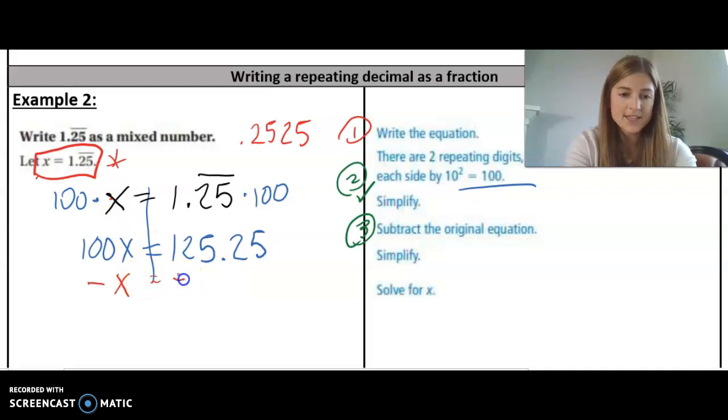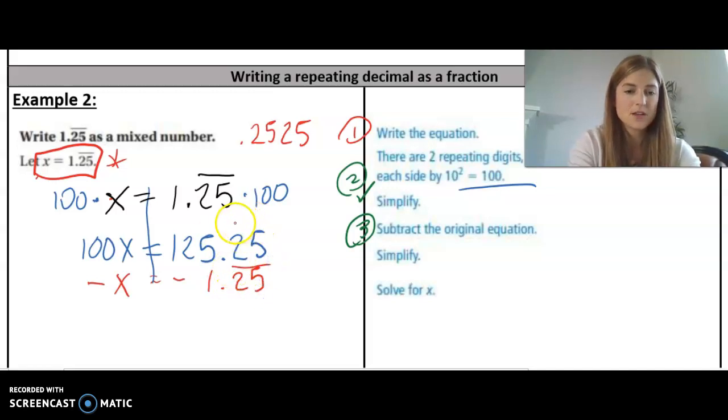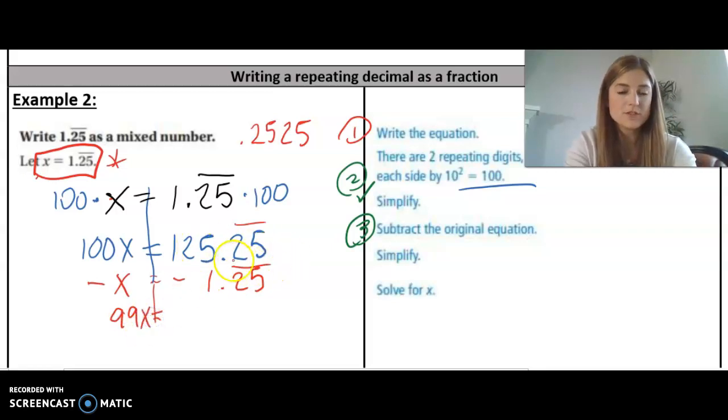And on the right side, I'm going to subtract a 1.25 with the line over it. So 100x minus x is 99x. 1.25 repeating minus 1.25 repeating is 124.